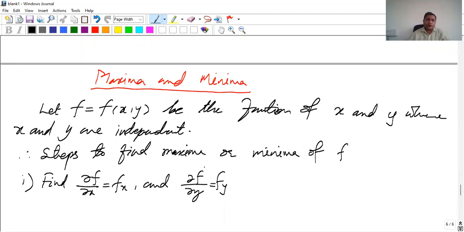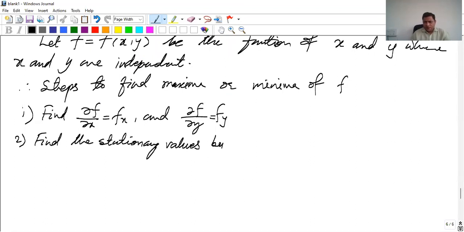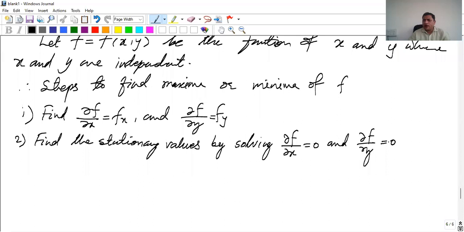Once you get fx and fy, find the stationary values by solving double f by double x equal to 0 and double f by double y equal to 0.